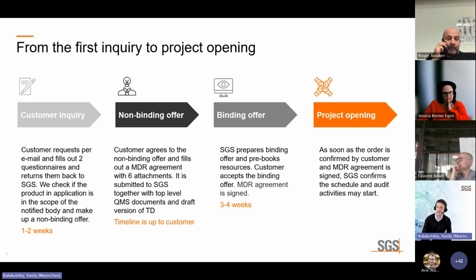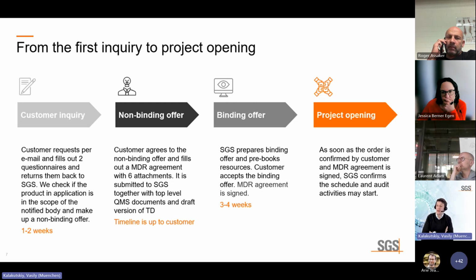You submit this information together with your QMS documentation and a draft of technical documentation to us for the review. Yeah, and if the first stage, the customer inquiry, probably takes like 1-2 weeks, the second step, when you have to fill out the MDR agreement with attachments, can take some time. So I cannot say how long it takes, but some customers do it in 1 week, and for some it takes 3 months, depending upon the readiness.